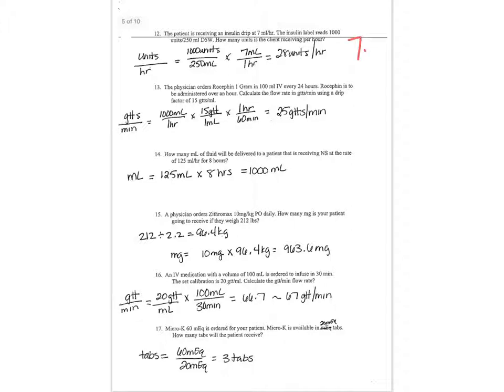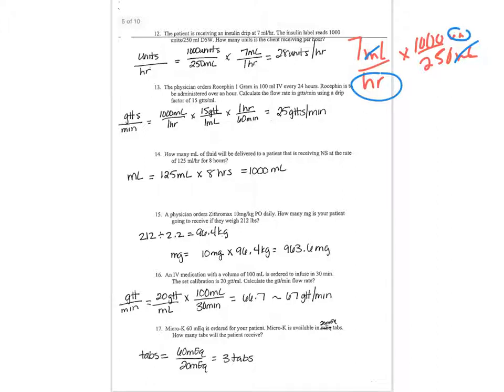So you could just say, okay, well, if I have 7 milliliters per hour, I want to know what they're getting in terms of units per hour, where that comes as 1,000 units per 250 milliliters. And so that allows us to cancel out that unit milliliter, and so then we're left with units per hour if we did it that way. So that's what she's doing in that dimensional analysis formula.